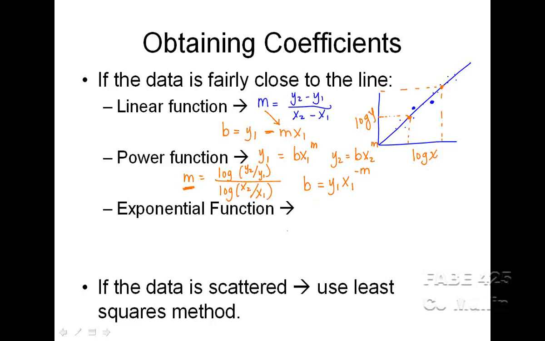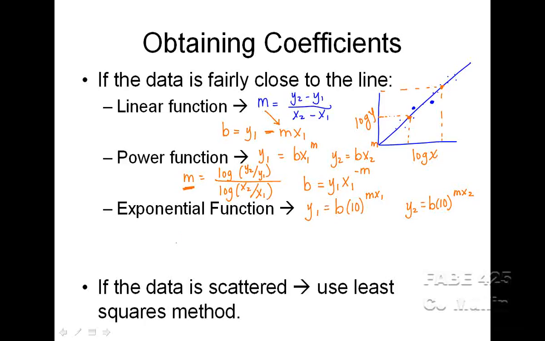The exponential function, pretty much the same thing. You end up with y1. You can set up an equation for b, and then we'll use this one as the log 10, but you would do the same thing for the natural log. y1 equals b times 10 to the m x1, set up a second equation, y2 is equal to b times 10 to the m x2.